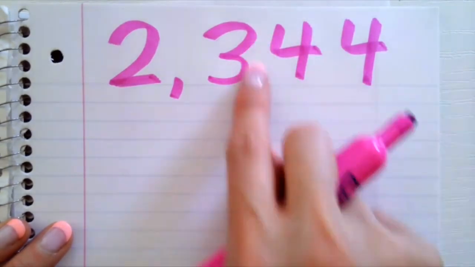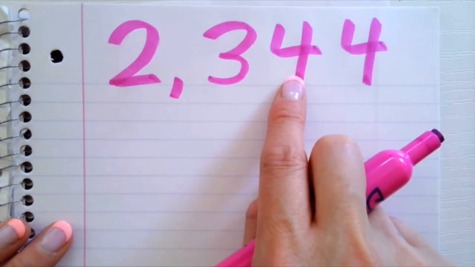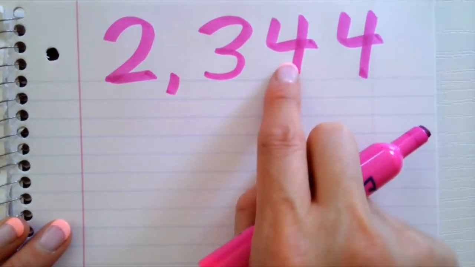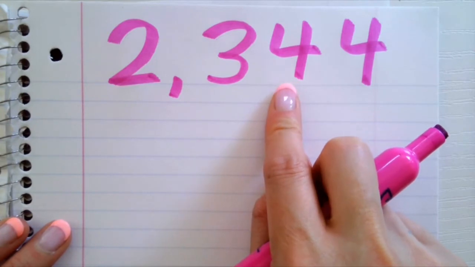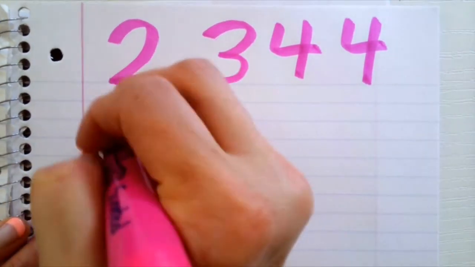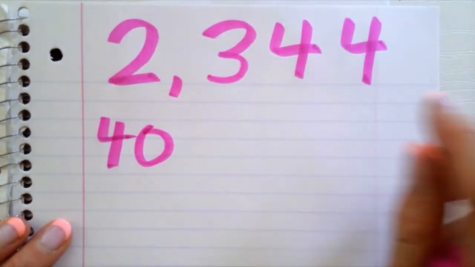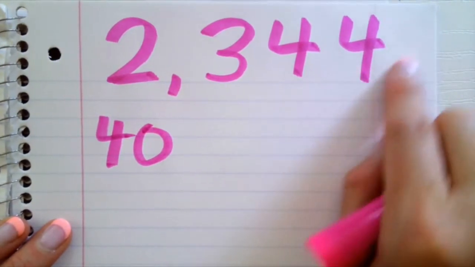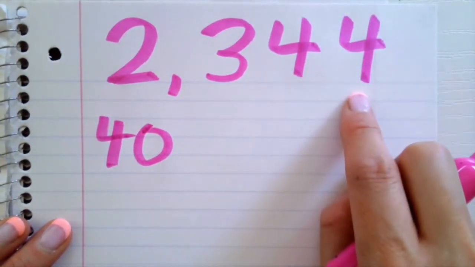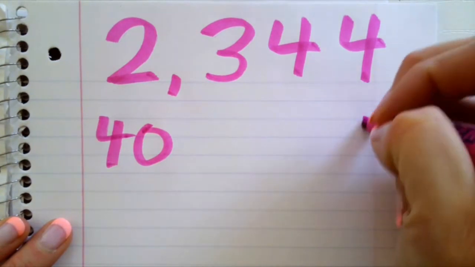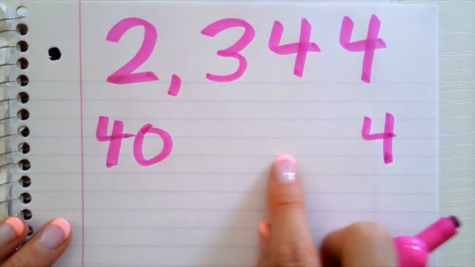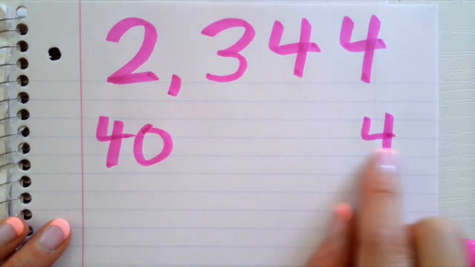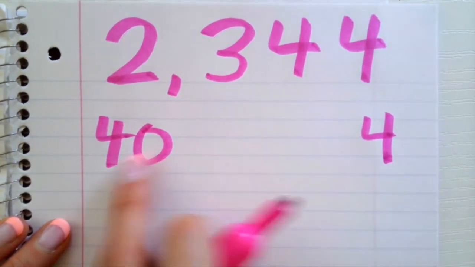Let's start with the value of this digit. And we'll write it over here. What is the value of this digit? Right, it's 40. Let's write that over here. And then on the other end, we'll write the value of this digit, 4. Now, let's use our symbols to write a multiplicative comparison between these two.